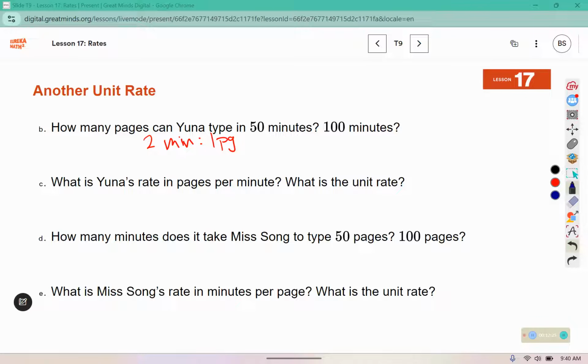In 50 minutes, to get to 50, we would multiply by 25, which tells us she can do 25 pages in 50 minutes. To get to 100, we would multiply by 50, which would indicate that she can do 50 pages in 100 minutes.